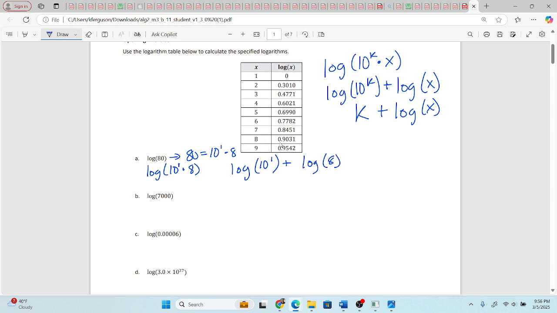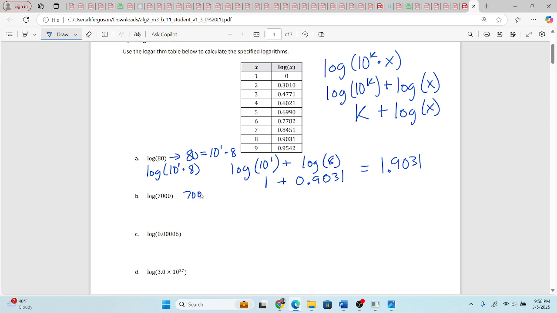So see, log of 8 is right there. And what's this going to be? Well, log, no base means it's base 10. So log base 10 of 10 to the first power is 1. Plus, and then I've got log of 8. That's 0.9031. And so that's going to equal 1.9031. Bada boom, done.